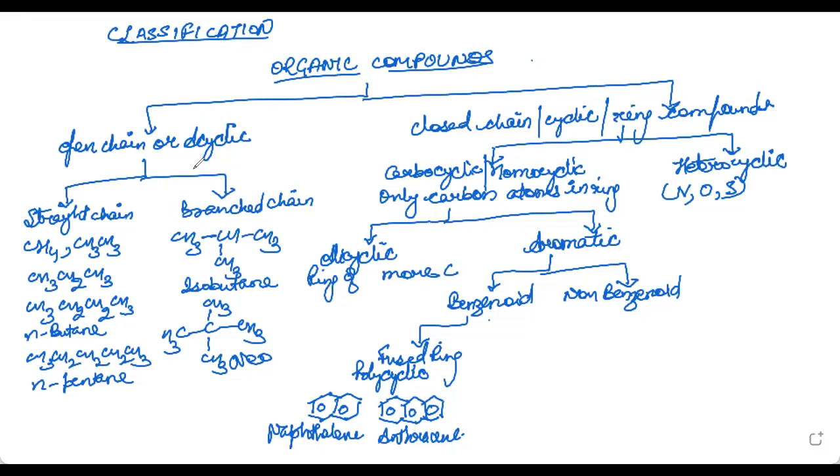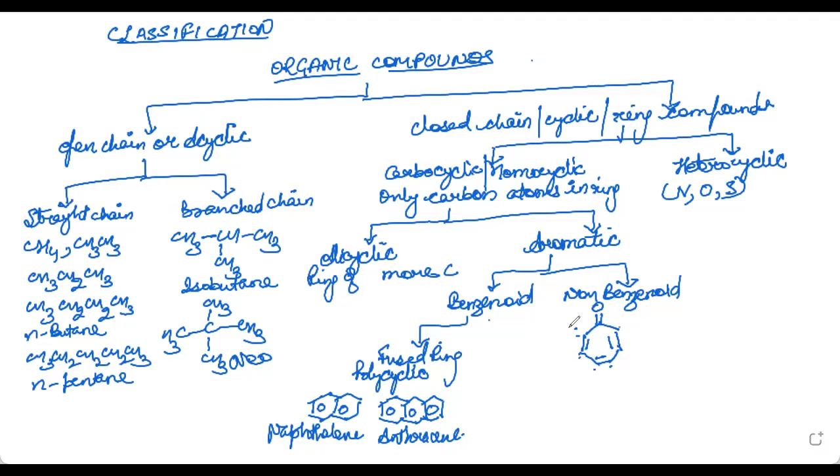For example, if we have this compound which is having 7 members in the ring, 7 carbons are there in the ring, and there is a carbon oxygen double bond here. Here is a double bond, here is a double bond, here is a double bond. If you count, there are 7 carbons in the ring.